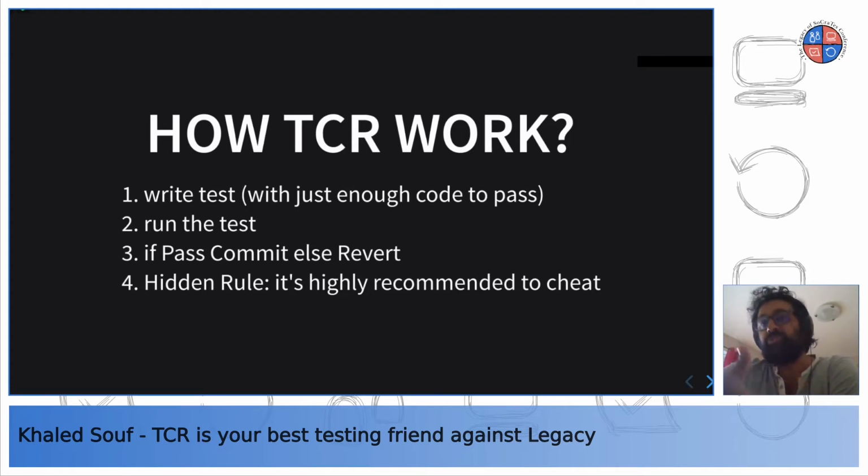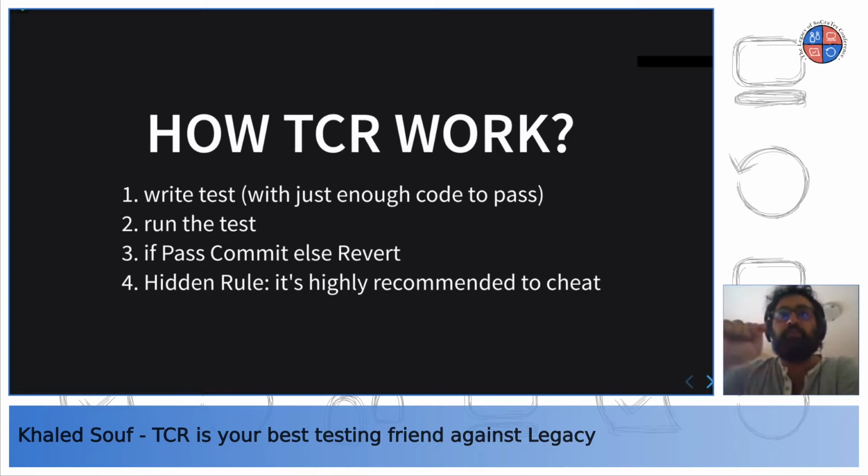So how does TCR actually work? First of all, you write a test with just enough code to pass, and you run the test. If it passes, you commit, so you push it. And if it doesn't work, you revert it. I've added some rule here that I call the hidden rule.